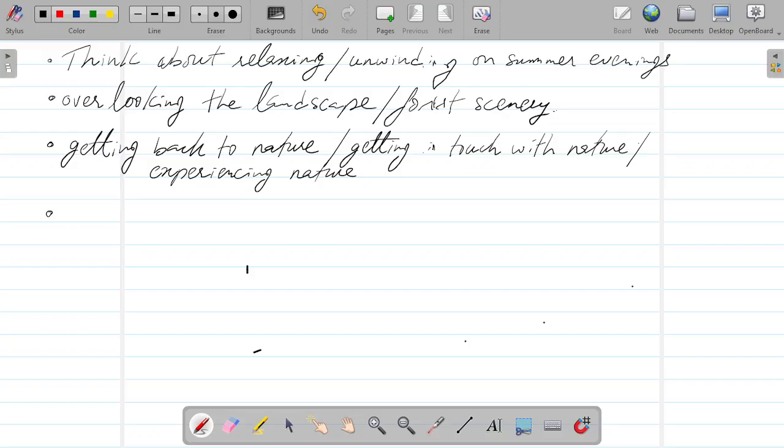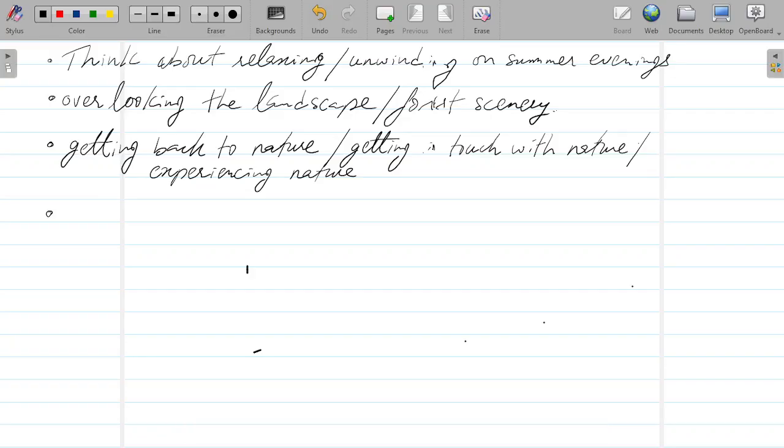So innovative designs. What can we say for innovative designs? We could say innovative architecture, or creative architecture, or creative designs.